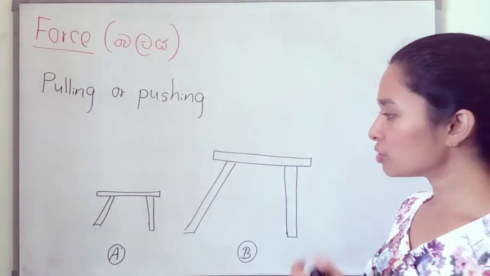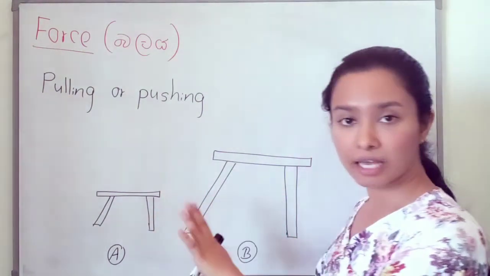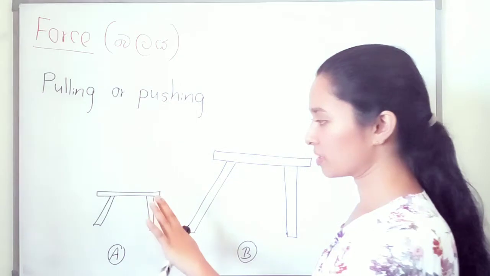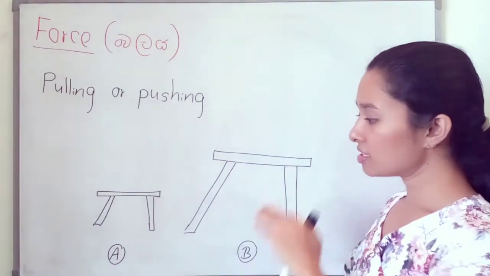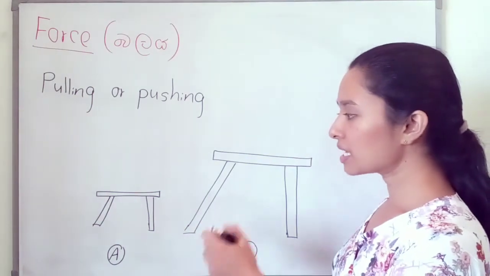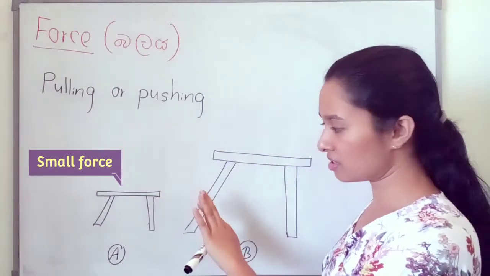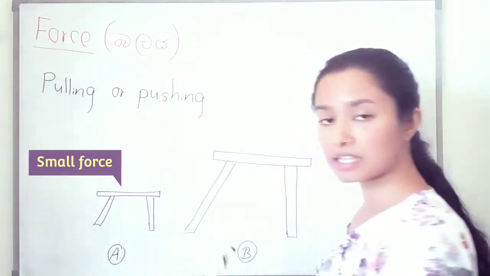So, to move these two tables, we have to apply a push. So here, to move the first table, we can apply a small push. Then small force. Then we can move this table.